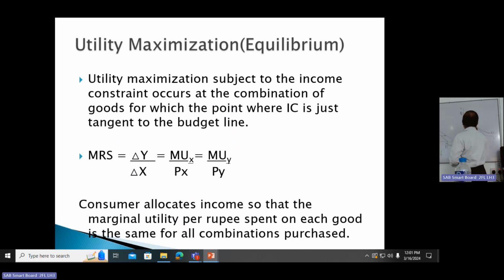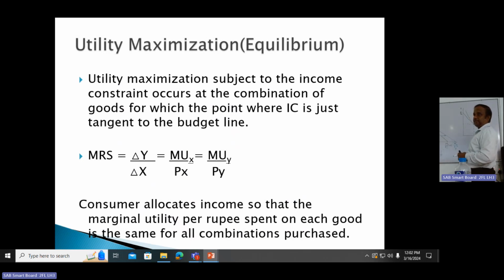So this is the equilibrium point, the intersection point. That is the utility maximizing point. This is the point where the consumer is in equilibrium, when the budget line is tangent to the indifference curve, right? So that means at this point the two slopes are equal, right?